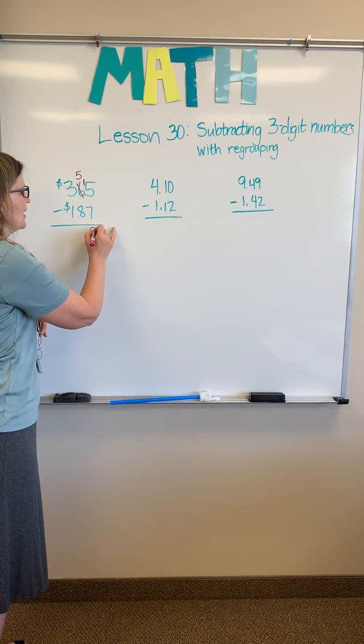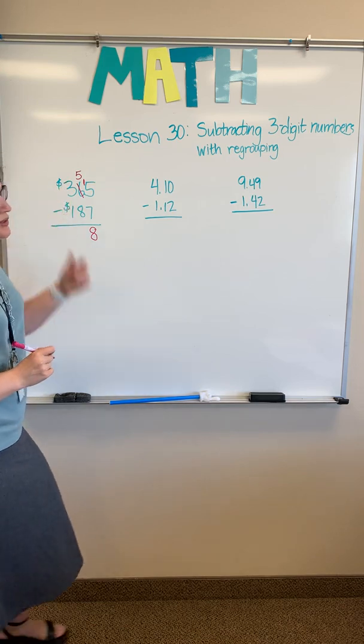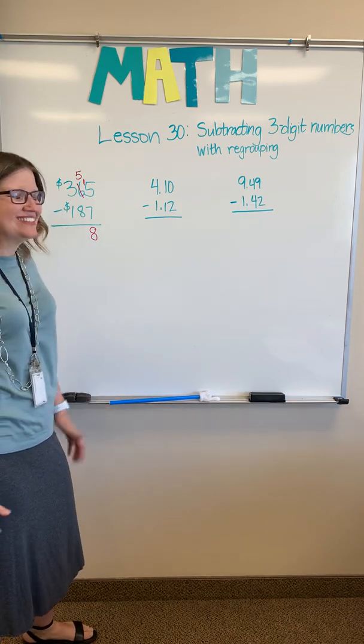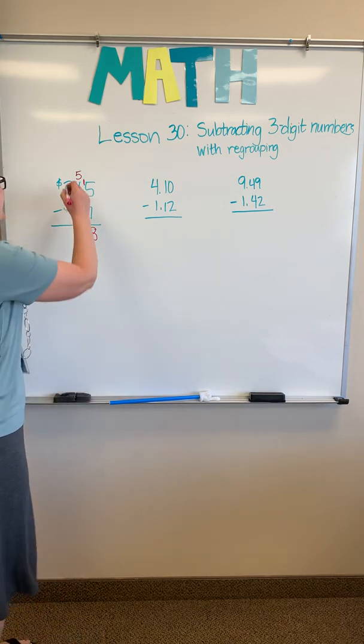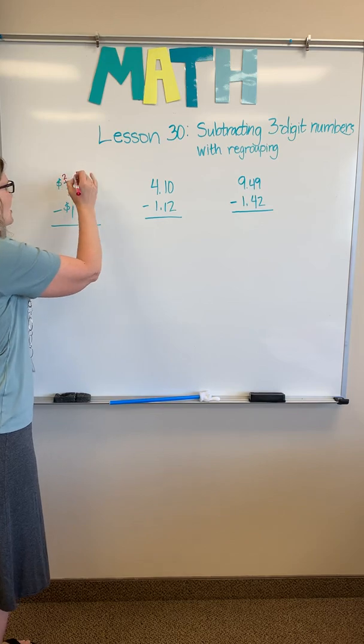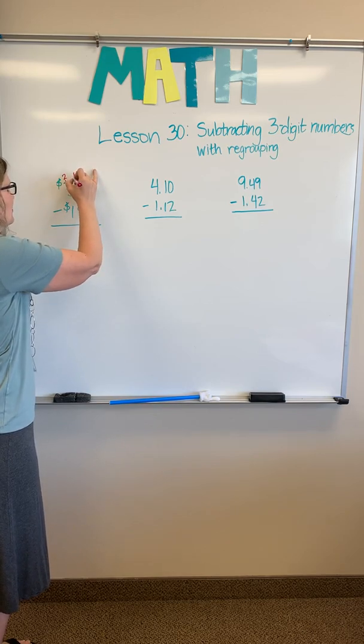This equals 8. Oh man, again, 5 minus 8, can we do that? No, darn it. I'm going to have to regroup. Now this time I'm handing over one of the hundreds.